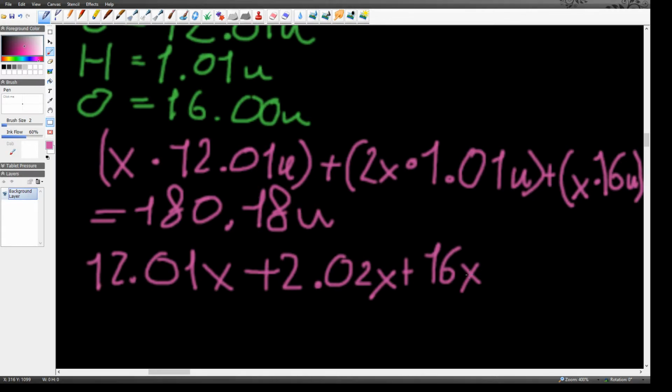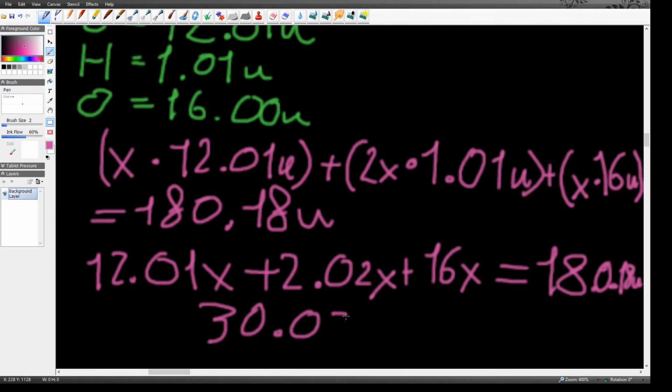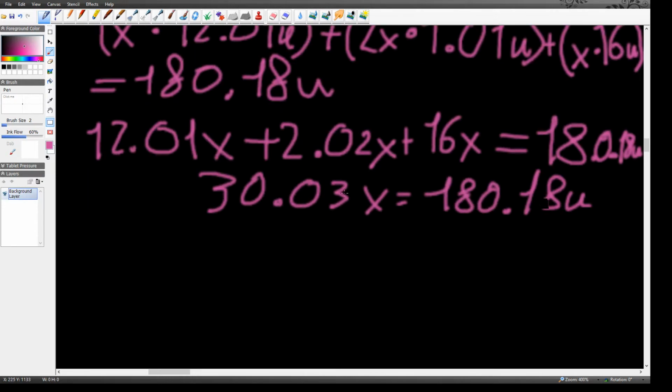Well, 2.02 plus 12.01 plus 16 adds up to 30.03x, still equal to 180.18 units. Now, if I divide through by 30.03, I'll get x equals, which is pretty much what I'm hoping for here. So 180.18 divided by 30.03 gets me 6.